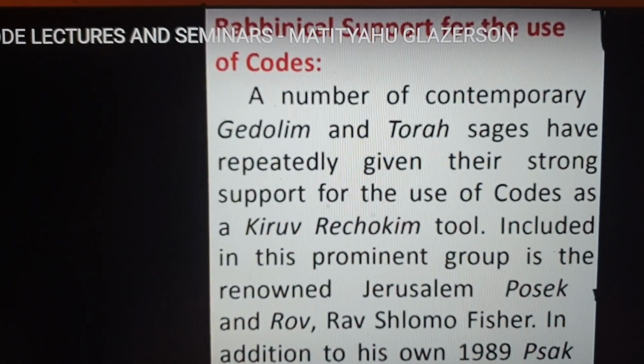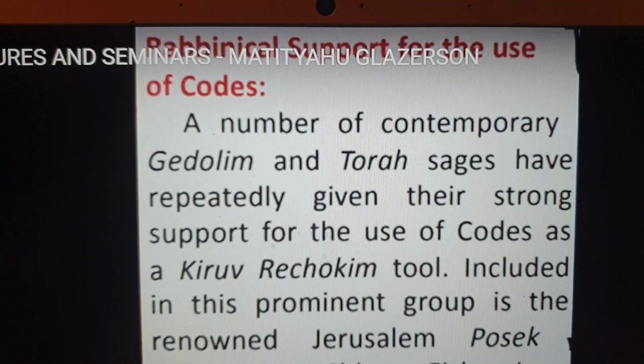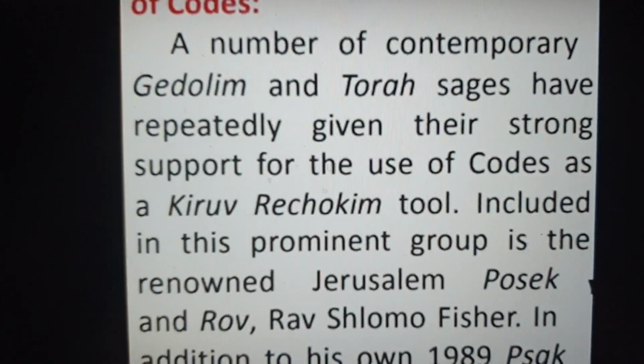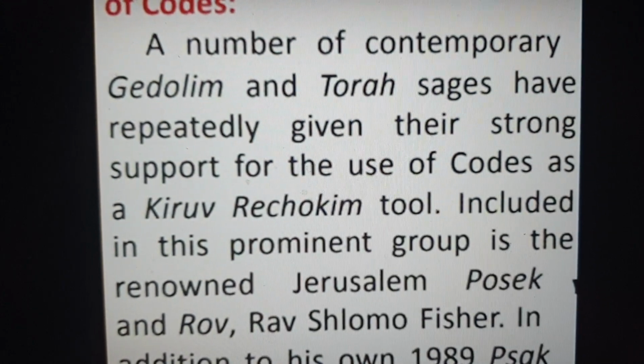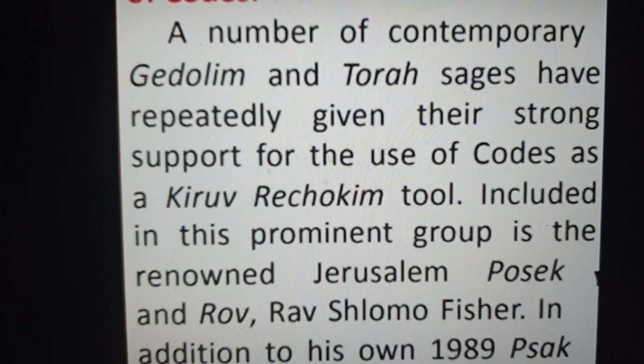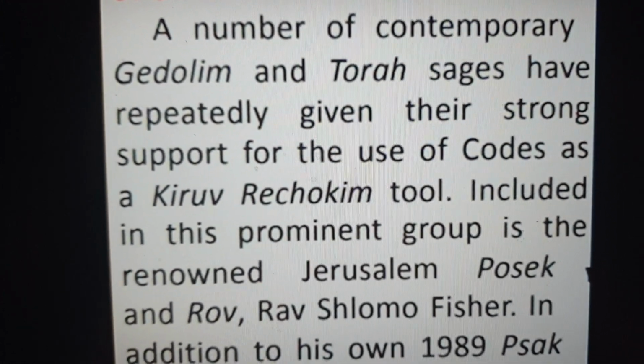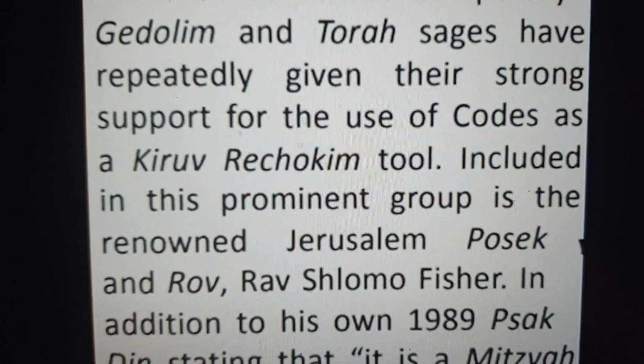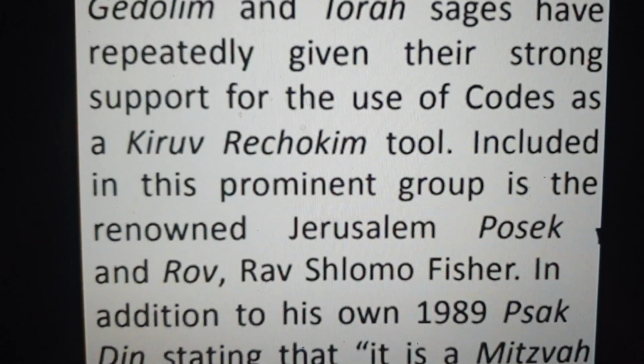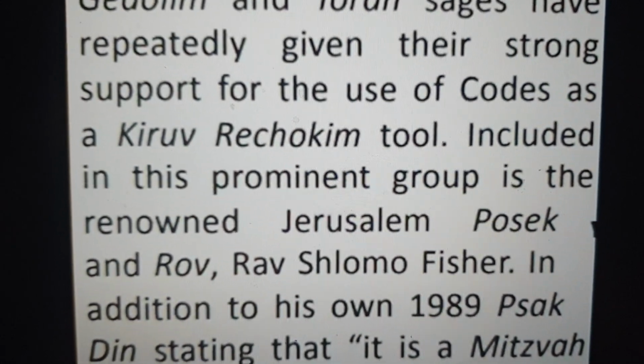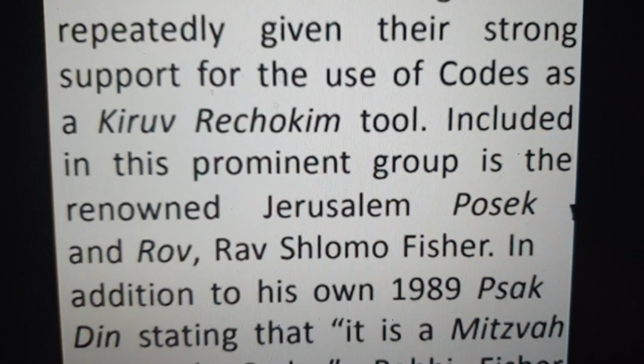Interesting to see more words of rabbinical support of the codes. A number of contemporary Gdolim, great rabbis and Torah sages, have repeatedly given their strong support for the use of the codes for Kiruv Rechokim, as an outreach tool.